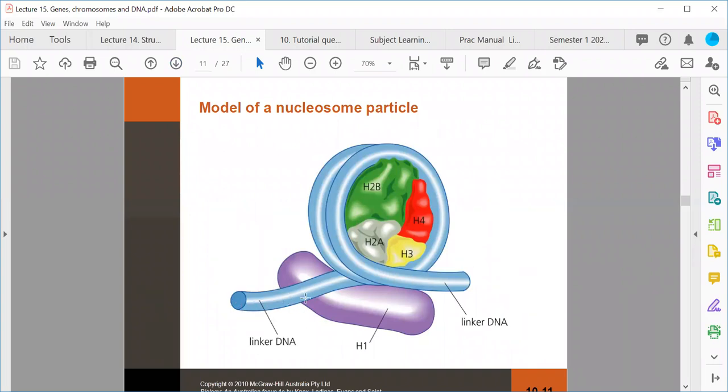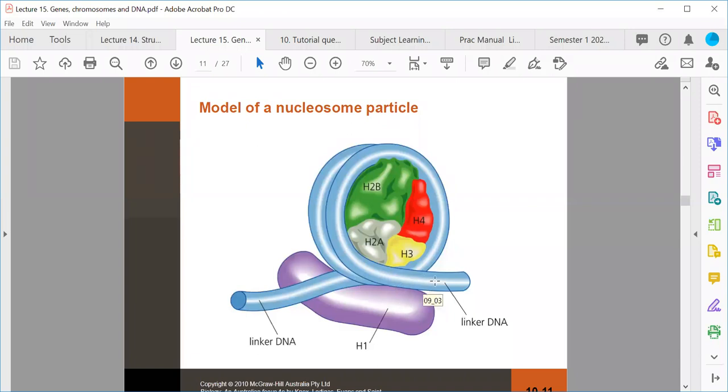So in blue, we have the double-stranded DNA, and it's wound around a core of histone proteins, and they're given funny names like H4 and H3 and so on. So there's the histone proteins. Here's another histone protein, H1.